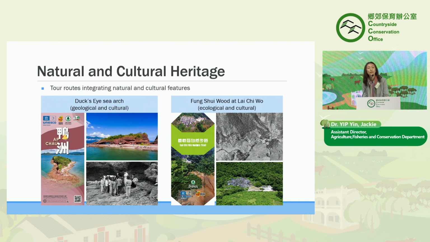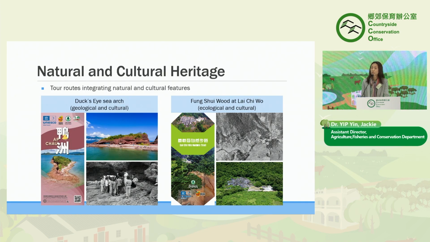In conducting our promotion as part of the Geopark's work, we feature these outstanding natural heritages. But to a certain extent, we found that by digging into the interrelationship of natural and cultural heritages, we're able to tell better stories. For example, the duck eye of Ap Chau, which I believe some of you have been to before, is geologically a sea arch with the red breccia formation.